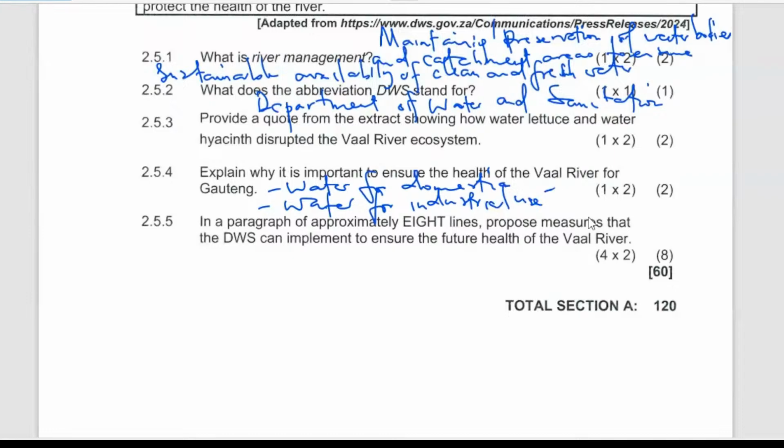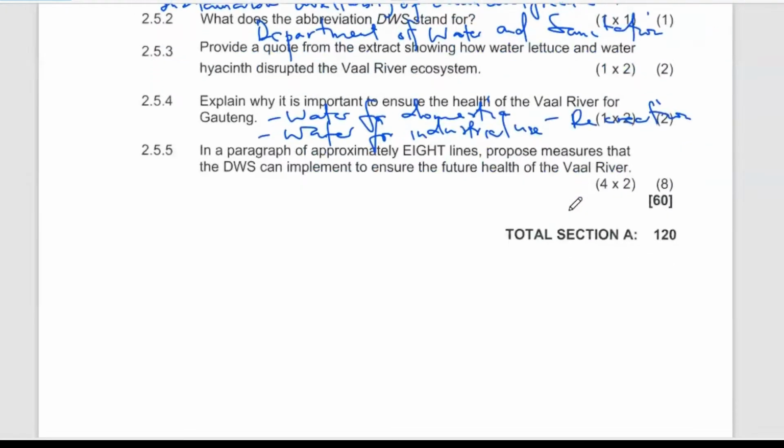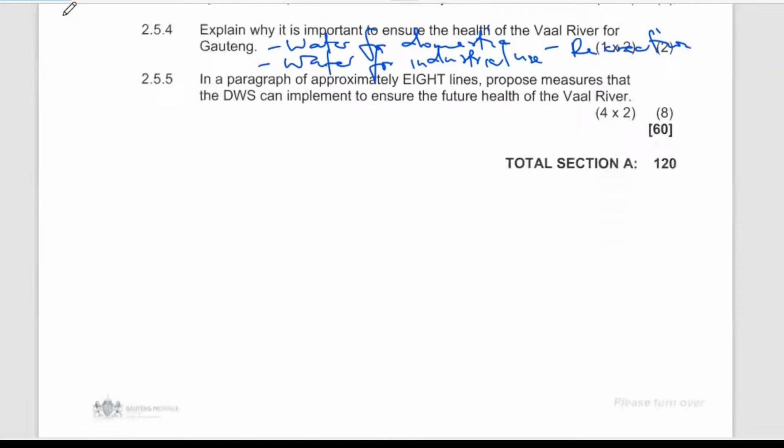And it is also used for recreation. So it's most important that we ensure the health of the Vaal River for those activities to continue happening. There are recreational activities that happen in the Vaal River, in the Vaal Dam. We need water for domestic use. We also need water for industrial use, and ultimately for the sustenance of jobs for people in the industries. They rely on the water from the Vaal. So we need to ensure that there is healthy sustenance of the Vaal River.